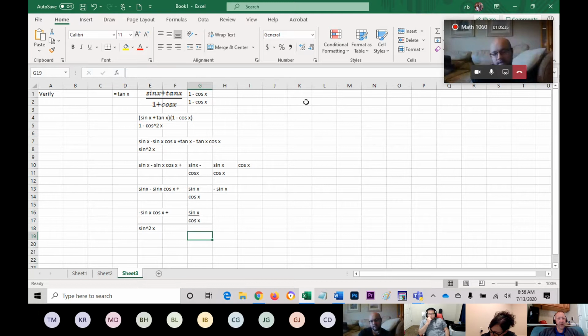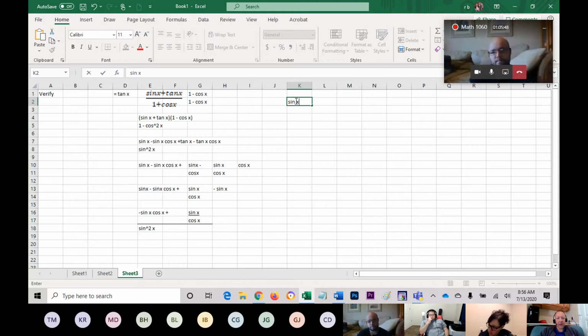So I think what I'm hearing, let me make sure I hear this right. In the numerator, we've got a sine in both terms here, right? So we can pull out a sine of x, right? And I'm left with a negative cosine of x plus 1 over the cosine of x.